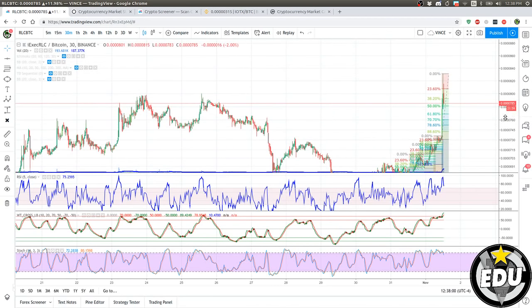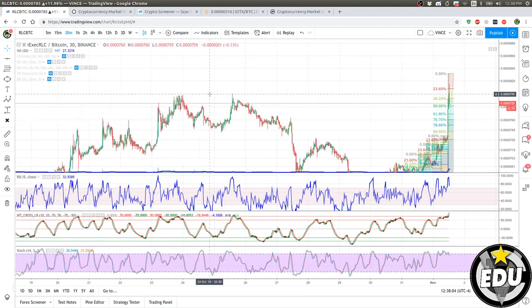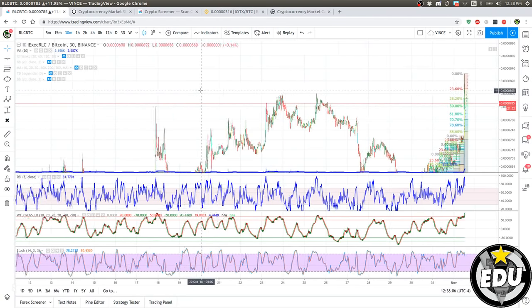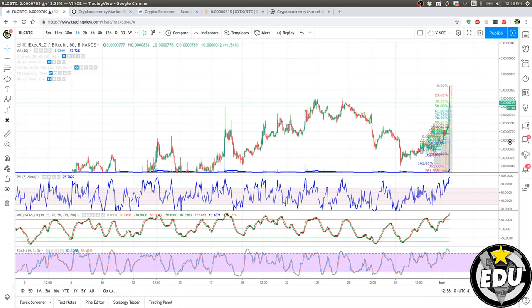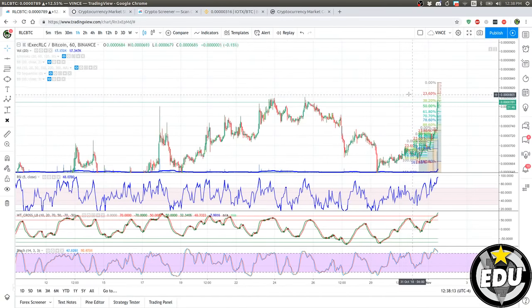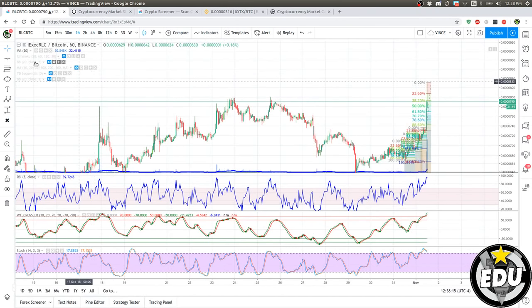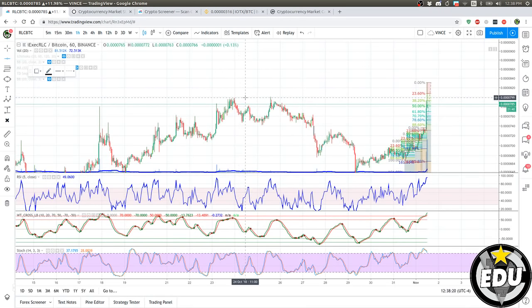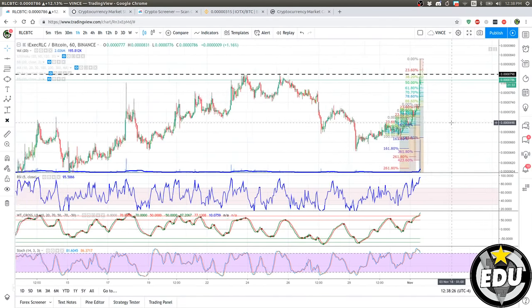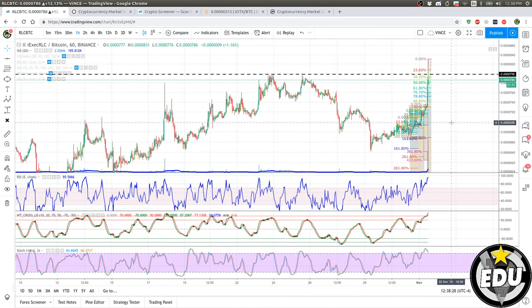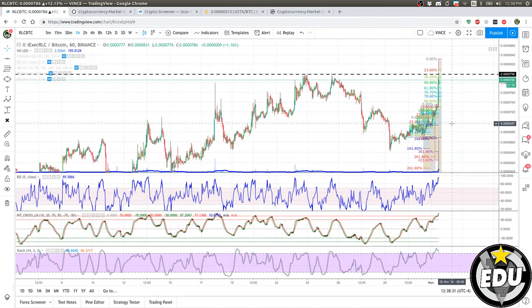We got some, but it's dropping below that support. Actually, right now those previous highs at this level are acting as a resistance. So the coin hit there and is dropping. So it's probably not great for our scalping technique at this point.